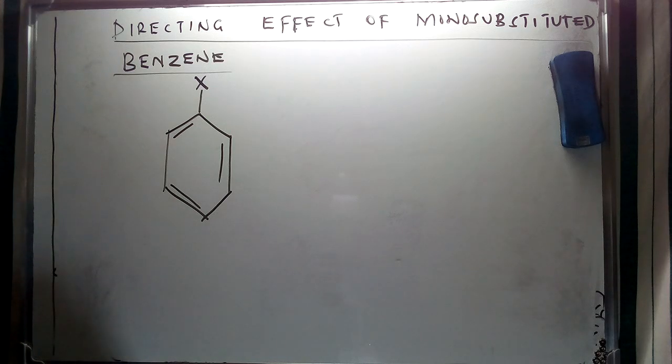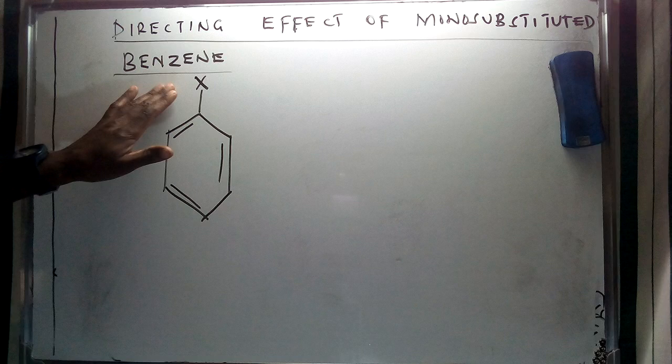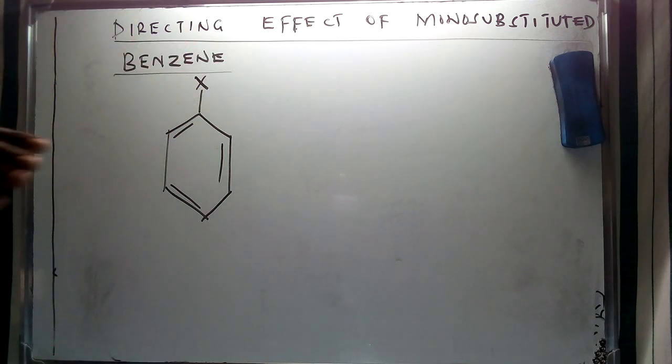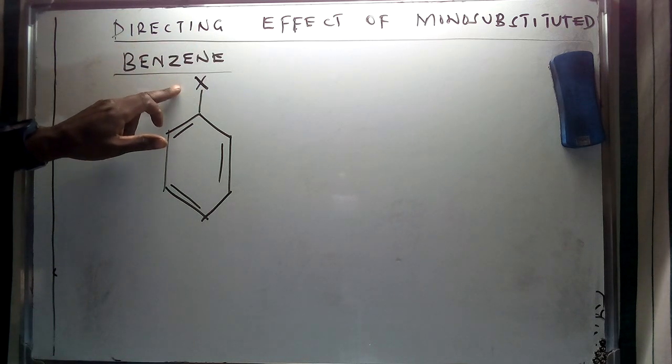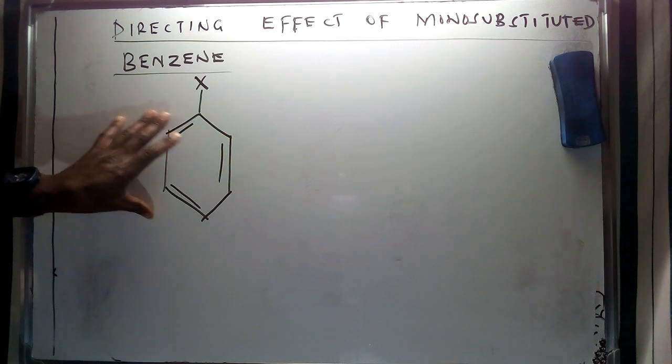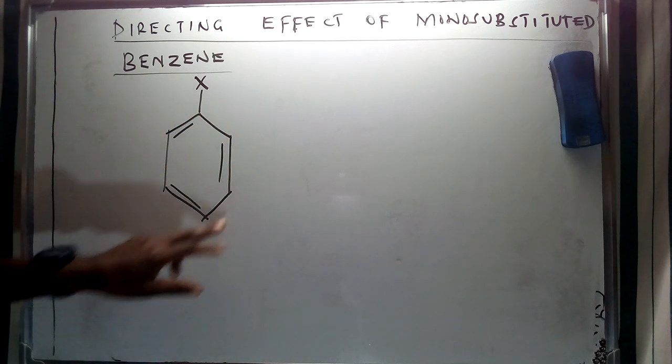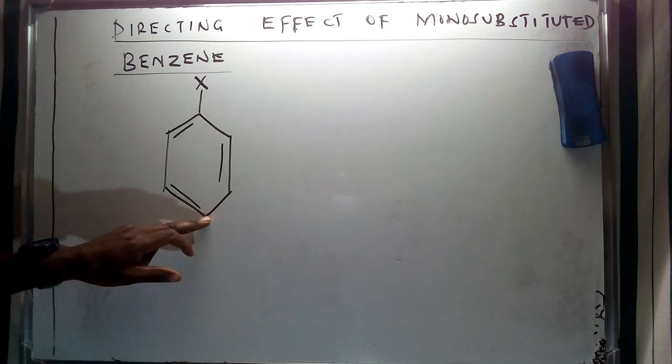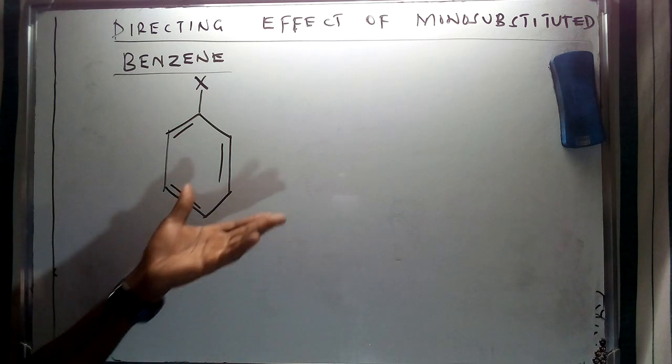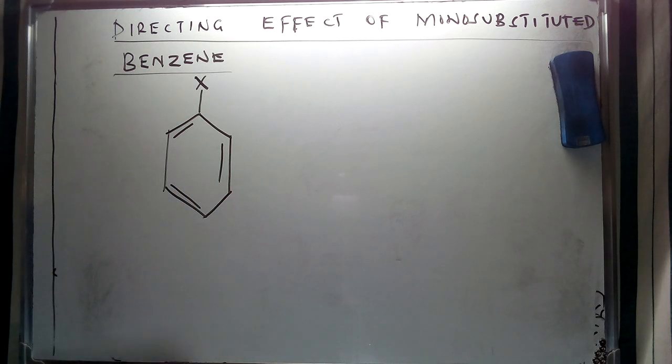So this is going to refer to any type of substituent. And of course, this substituent is going to create an impression on other subsequent substituents that are going to come in on this benzene ring. And therefore, we are going to consider the concept of electrophilic substitution reactions.